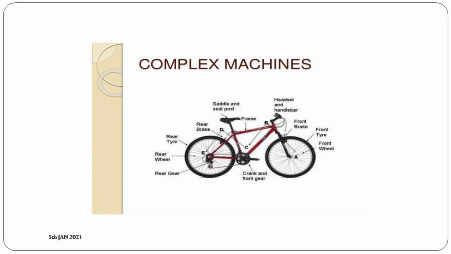So this is becoming a complex machine because of the attachments of the different wheels and the central part and the central framework, which is called the frame.